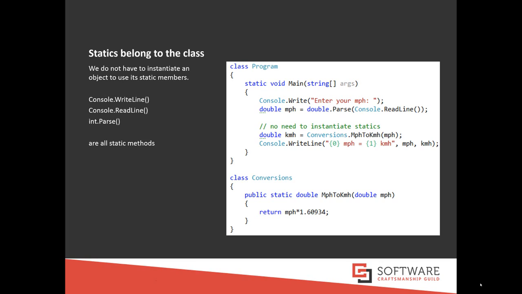You'll notice in the code in Main that I can call Conversions.MilesPerHourToKilometersPerHour without ever using the new keyword. Statics are very handy for this kind of work, where you just want to use a method and you don't really need an instance of an object.